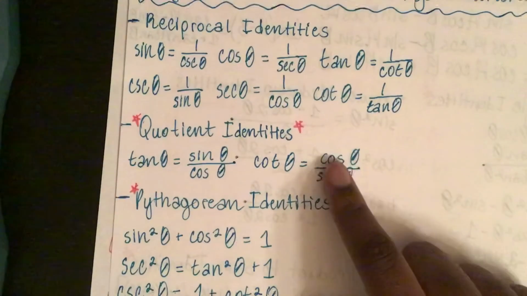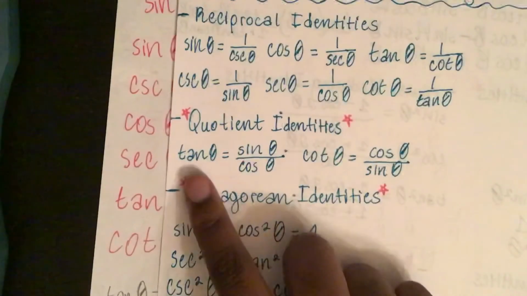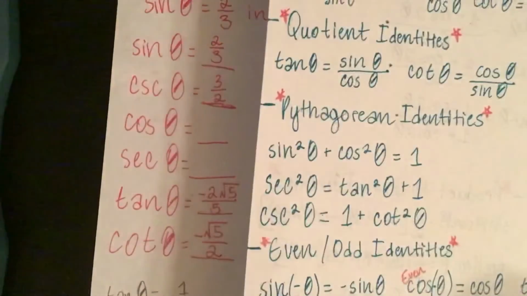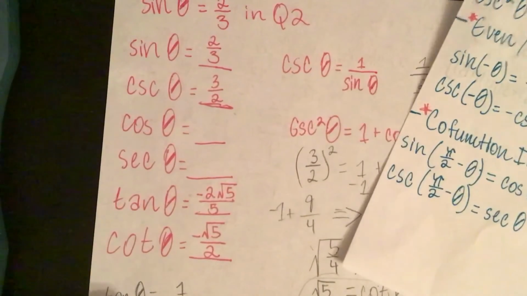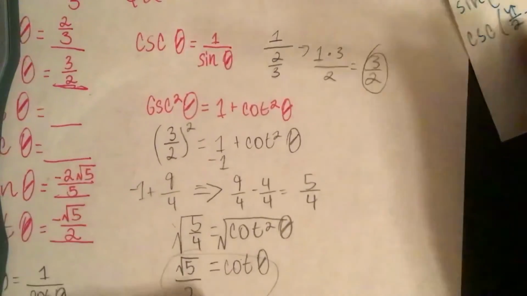And we can use that to find cotangent or tangent. We can utilize either one of these equations. So I'm going to make it easier on myself. I'm going to use the cotangent one, and I'm going to work a little off to the side here.